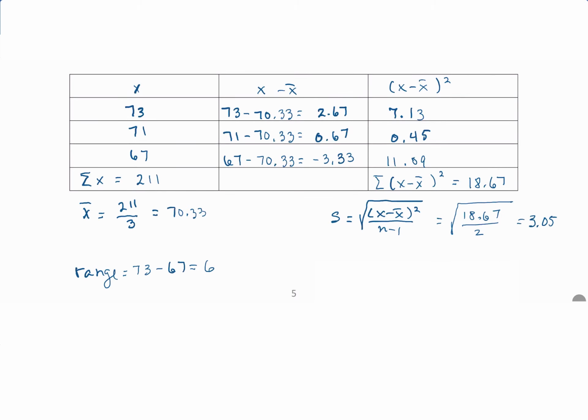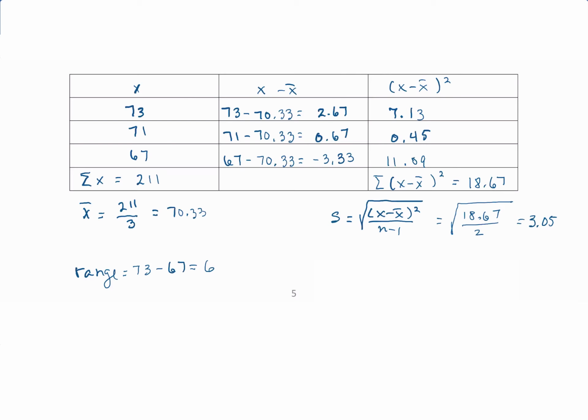For the sample data, again, we have our x column. Your x's should have added up to 211, so your x bar, the average, would be 70.33. By the way, did you remember to use x bar here for the sample and mu for the population? That's actually important.